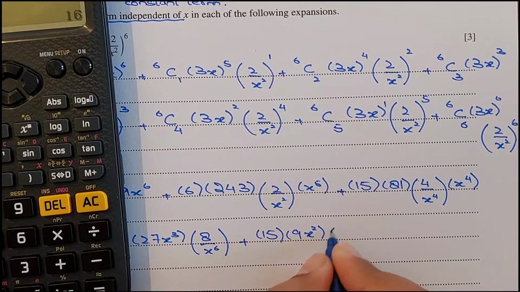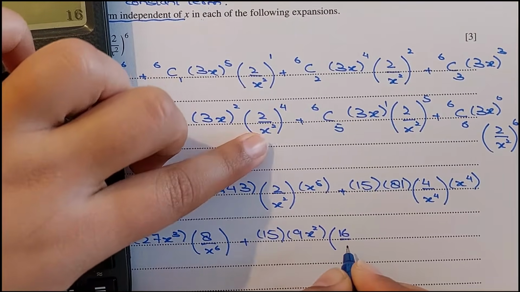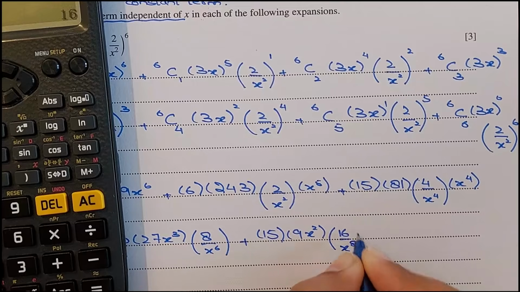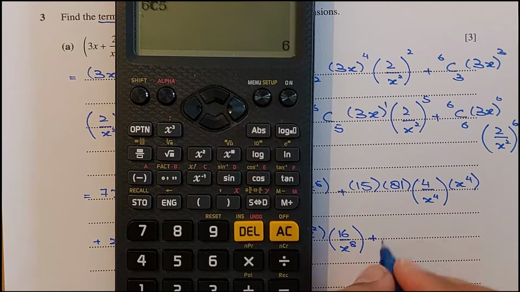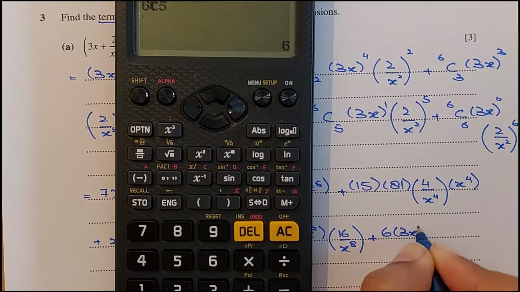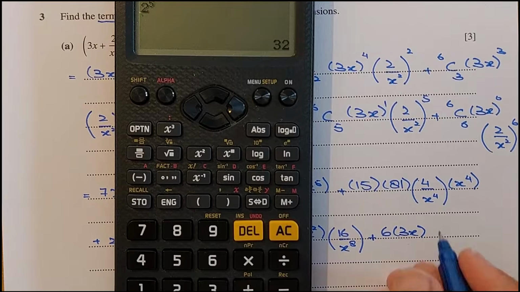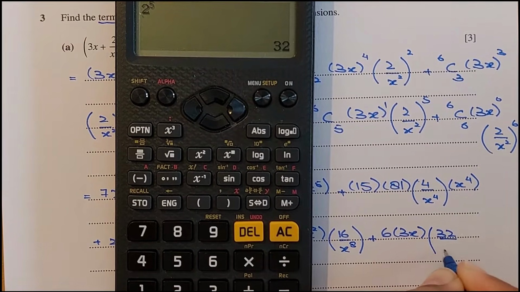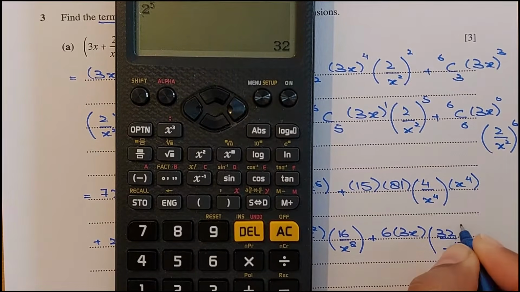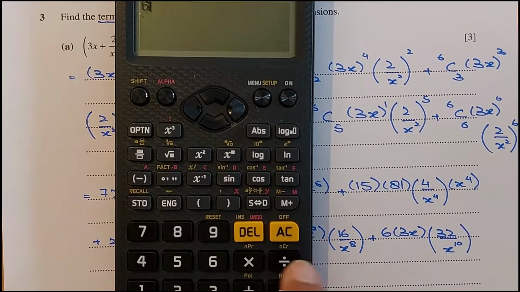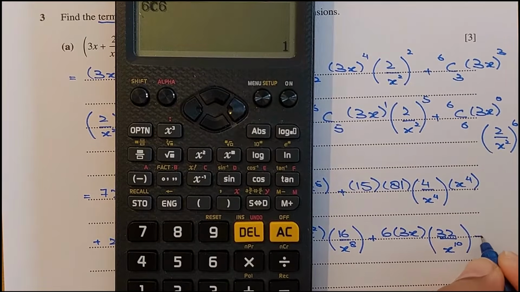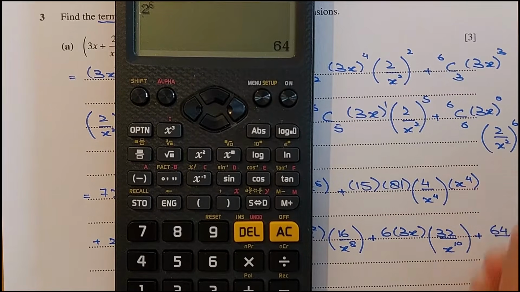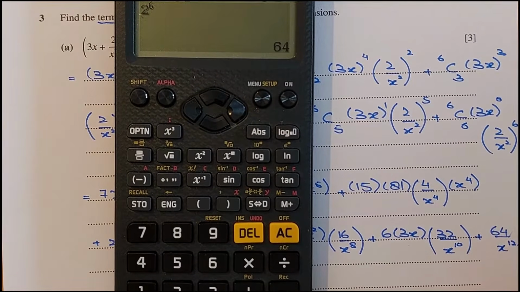Yes, 16 over 2 times 4 is 8, x power 8. Plus 6c5 is 6, 3x, 2 power 5 is 32, yes, over 2 times 5 is 10, x power 10. And 6c6 is 1, and the 3x power 0 is also 1. So 2 power 6 is 64 over 2 times 6 is 12, x power 12. Right.